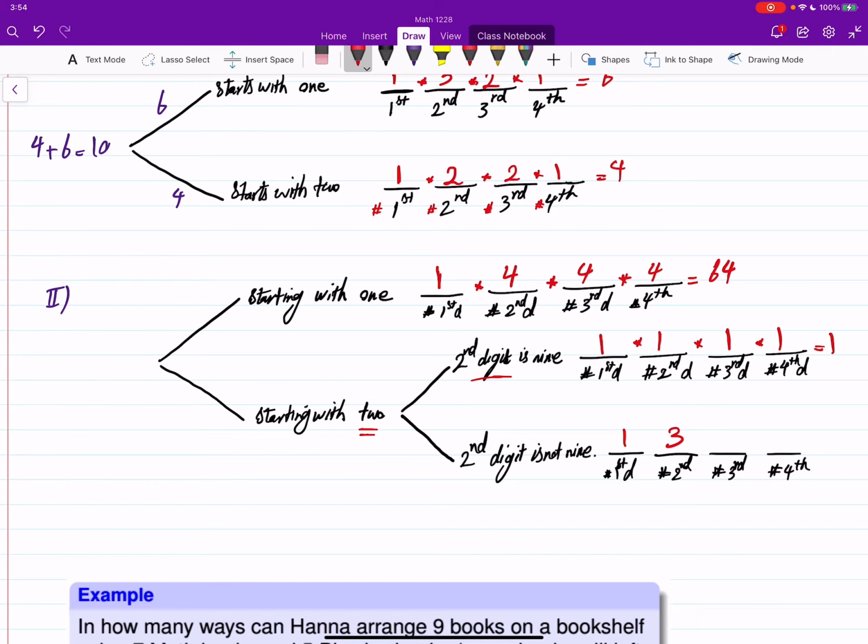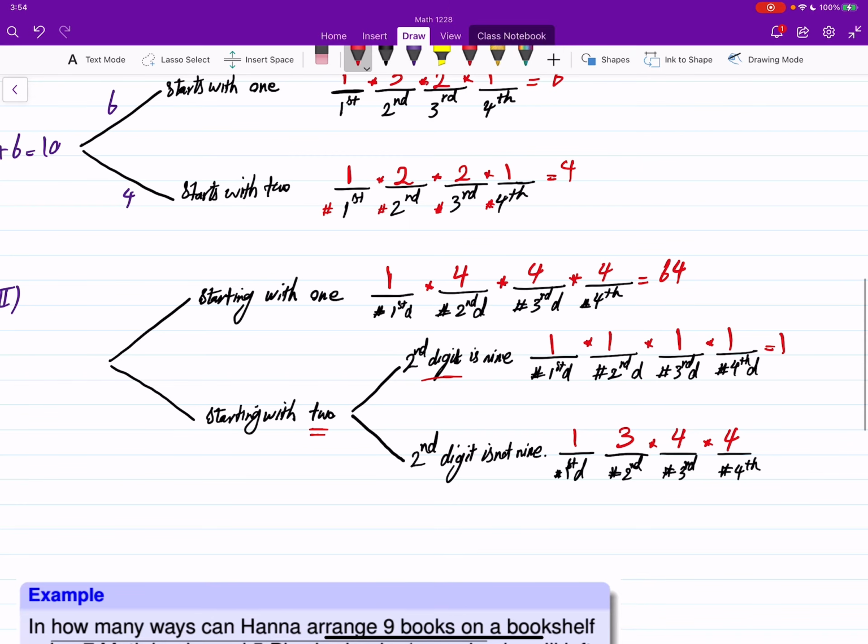Okay, so that means that in the third one I can use all 4 digits, and for the fourth one I can use all 4 digits. Okay, so you have now the numbers there. You multiply, fundamental counting principle. Here 16 times 3 is 48.